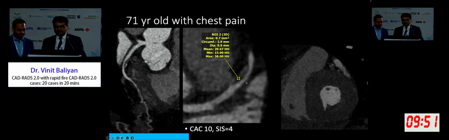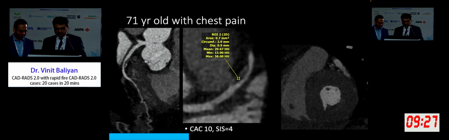How many think it's a moderate stenosis? How many think it is severe? Some people are just marking all correct. Yes, it was called moderate. And what modifier should we use for a mean attenuation of 30 with positive remodeling?